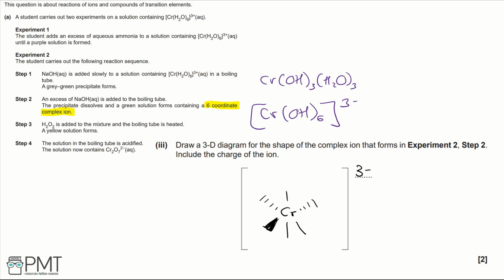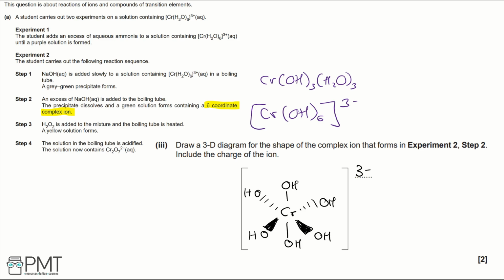And then attached to each of these wedges, we're going to have an oxygen, and attached to each oxygen will be a hydrogen. So we'll have OH attached to each wedge, making sure that it is the oxygen that's attaching to the wedge and not our hydrogen. So once we've finished this, we've completed this part of the question.